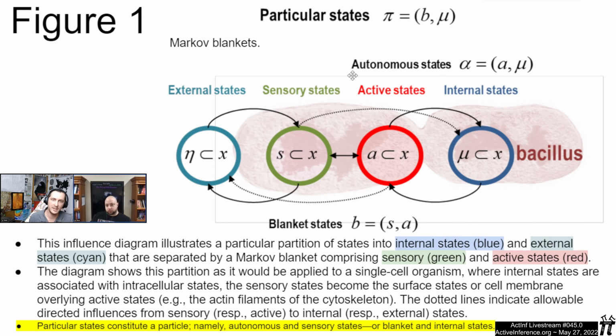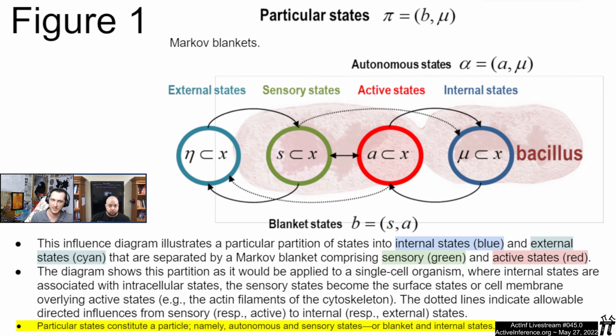You can't directly control what photons hit the retina, but you could control your interpretation and your action for where your eyes move, which might absolutely influence which photons do hit the retina. But the autonomous states are the ones that there's a degree of agency over in a way that is slightly different from just the consideration of the blanket and the internal states.